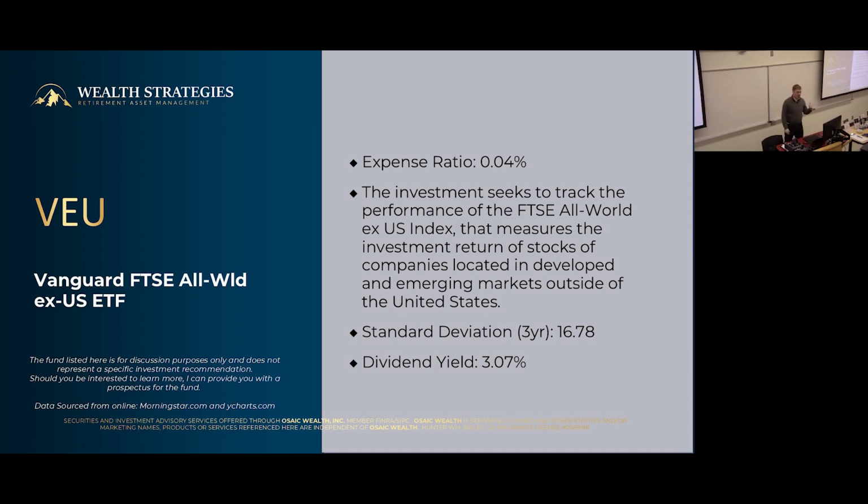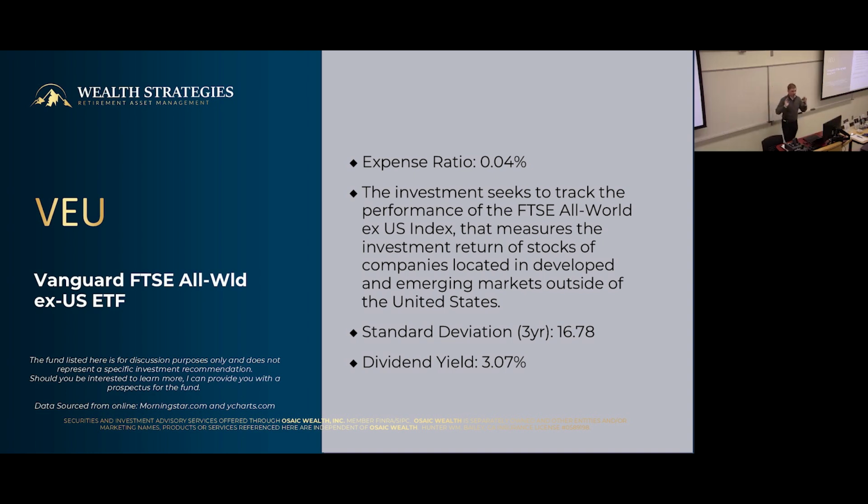So this investment seeks to track the performance of the FTSE All-World ex-US Index that measures the investment return of stocks and companies located in developed and emerging markets outside of the United States. So we're capturing both developed markets and emerging, so a lot of diversification. If you don't really want to think too much about international, you could just pick something like this, and it just goes, okay, exclude the US, give me everything else.